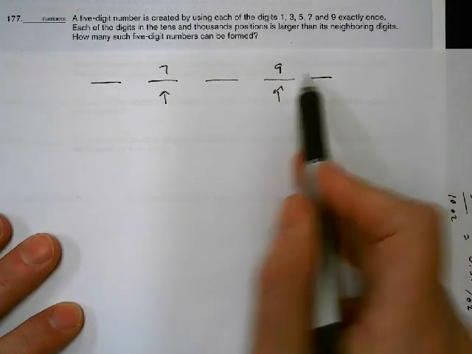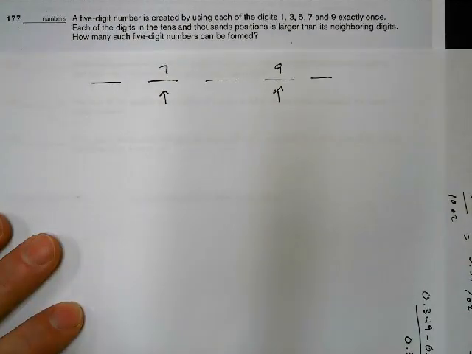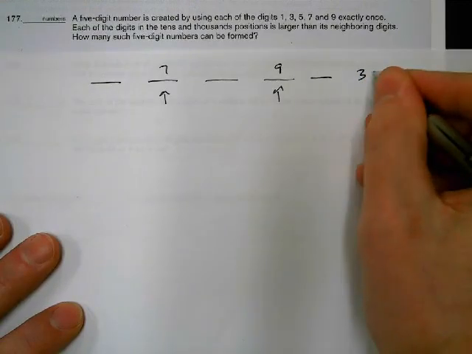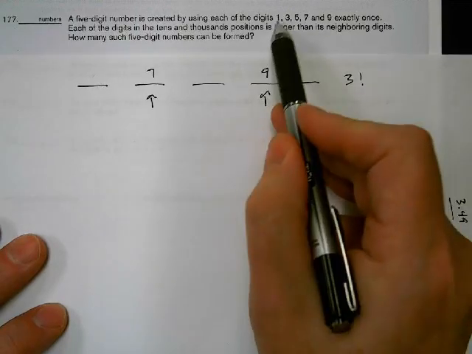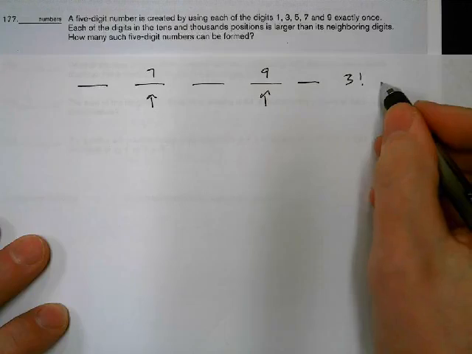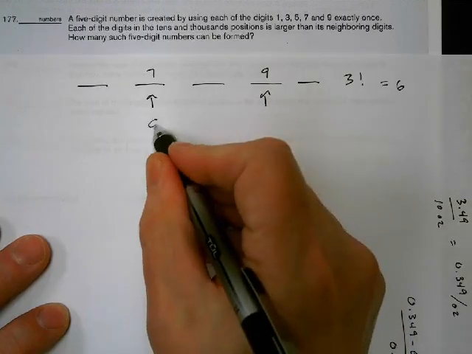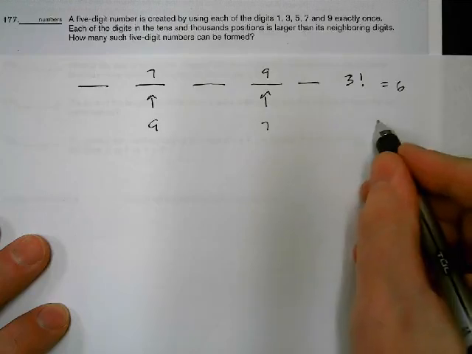And since we have 3 numbers to place here, there are 3 factorial ways I can make combinations of 1, 3, and 5 here. So that's 6 different ways. Now we have 6 more ways if I put the 9 here and the 7 here. So I've got a total of 12 ways.